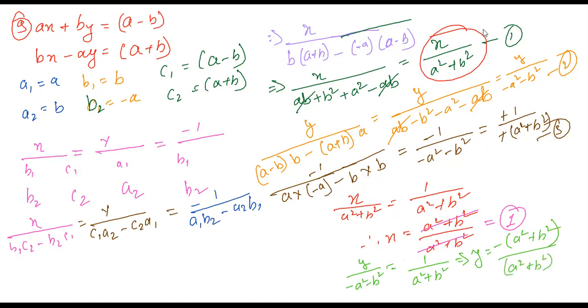Now you just cancel these two quantities. You will get minus 1. So minus 1 and 1 are the two values of x and y. Is it clear? Yes, sir. All of you had understood? Everyone?